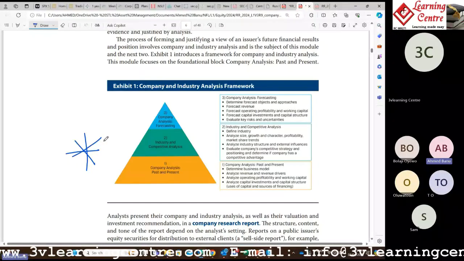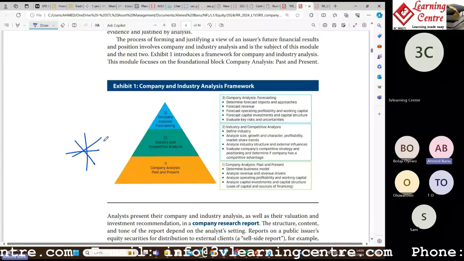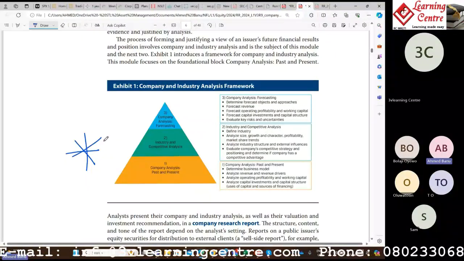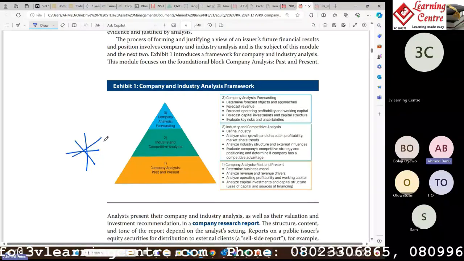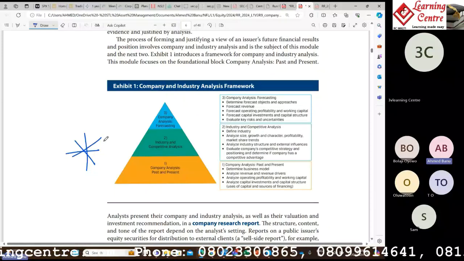Now, the industry analysis goes into identifying an industry, analyzing the size, growth, characteristics, profitability, and market share trends in that industry, then evaluating the company's competitive strategy and positioning, and determining if the company has a competitive advantage in that industry.